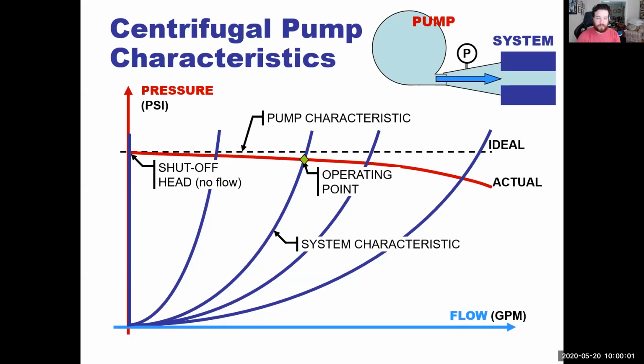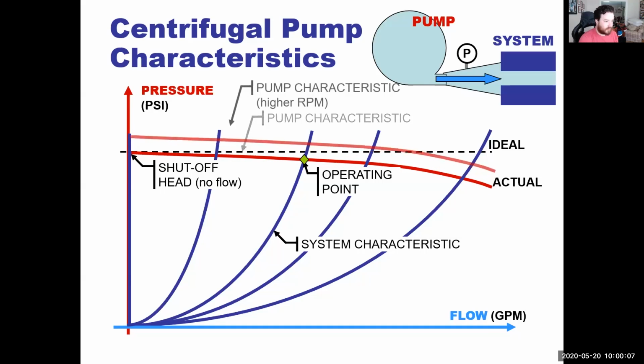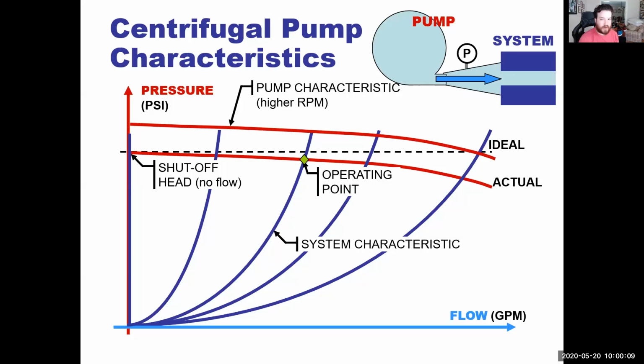So now let's just say that we want to increase our pressure. All right. Increasing our pressure, the only way we're able to do that is to get a higher RPM without changing the pump out, obviously. If we want to keep our pump, the only way we would be able to do it is increase our RPM.